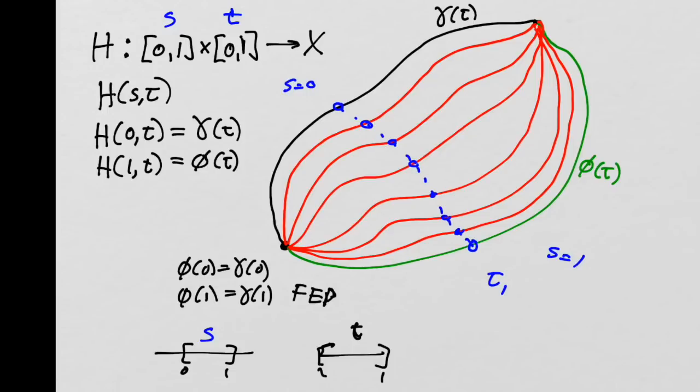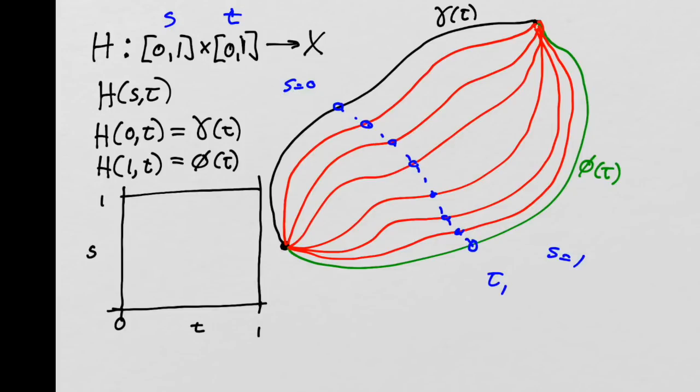Now, what we typically will do to describe it is create this space here, and study this [0, 1] cross [0, 1] space. So imagine the square, right? T from 0 to 1 here and S from 0 to 1 here. And this is a good representation of [0, 1] cross [0, 1]. Remember, this simply represents ordered pairs S and T, right?